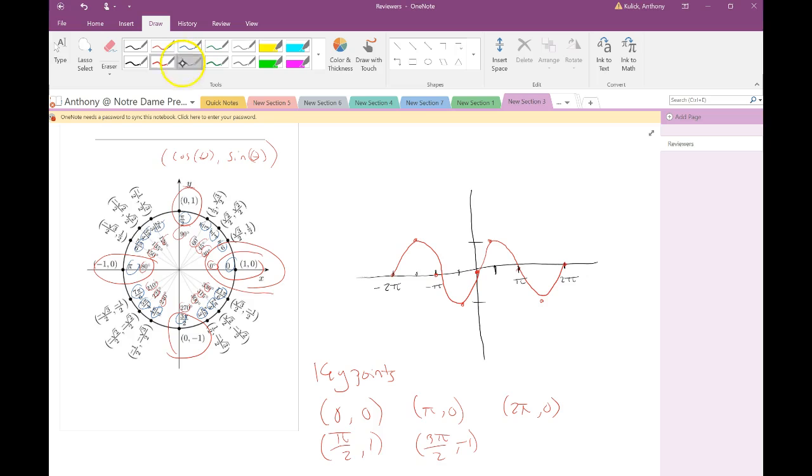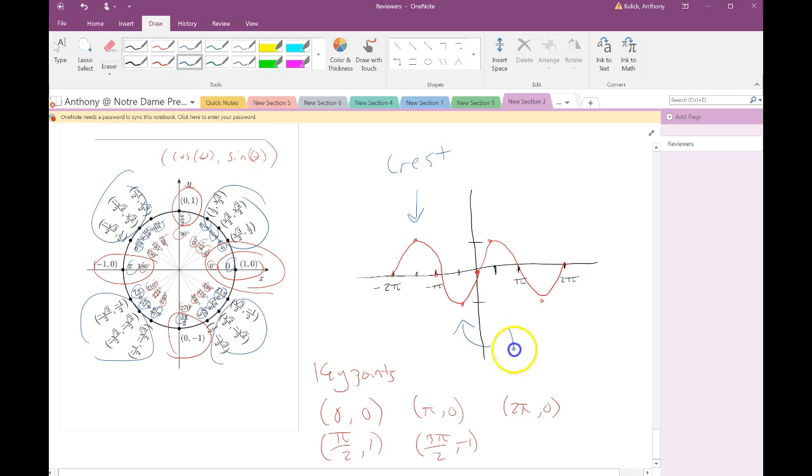So notice that I eliminated graphing all of this stuff also. I've just narrowed it down to 5 key points that give me an idea of where the peaks or the crests are and where the trough is.